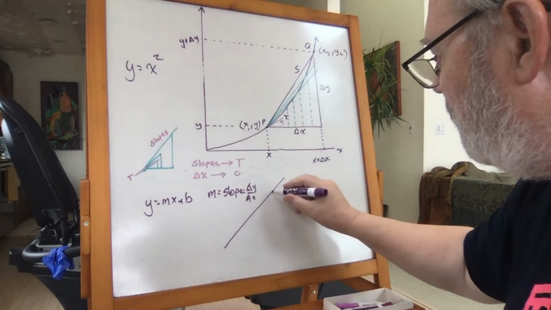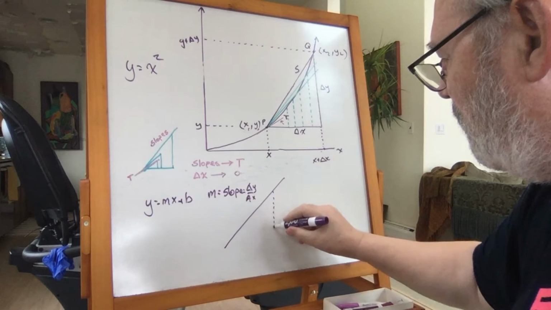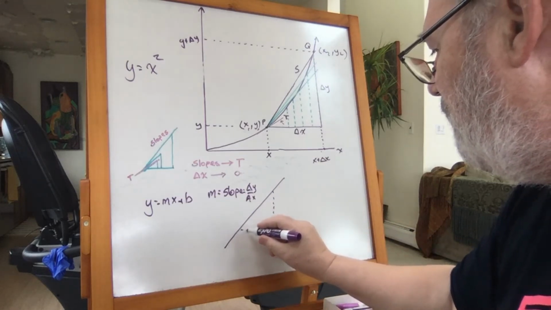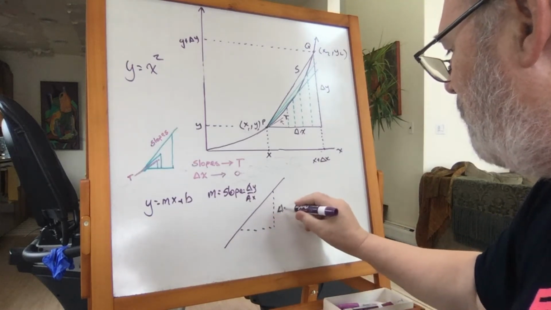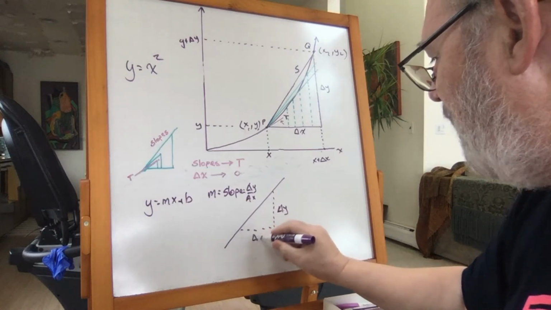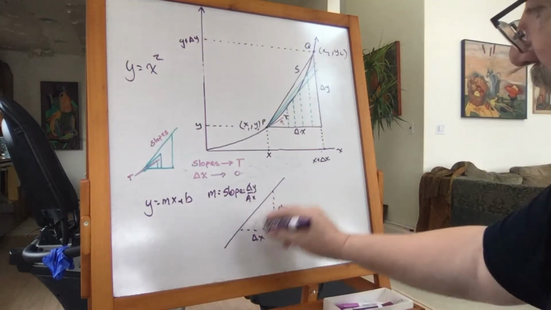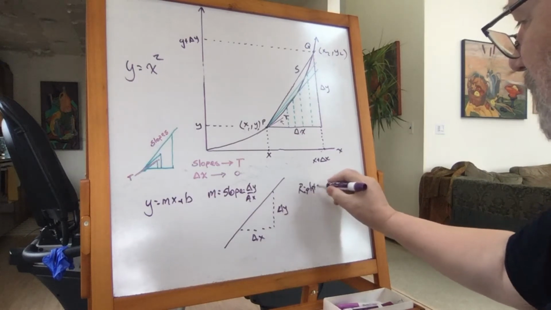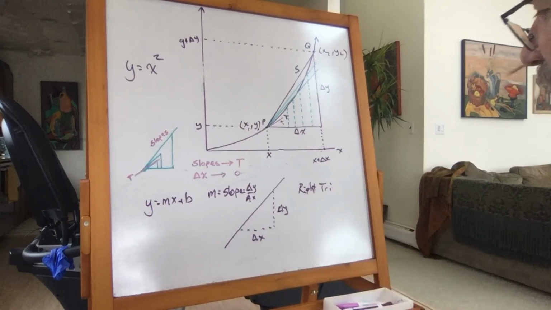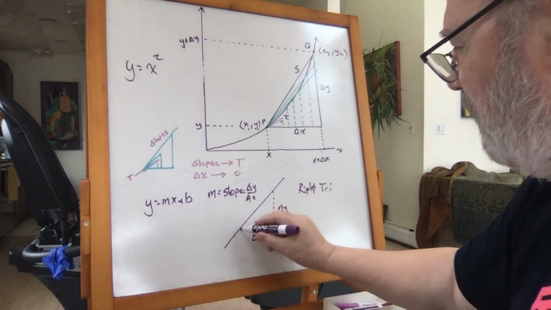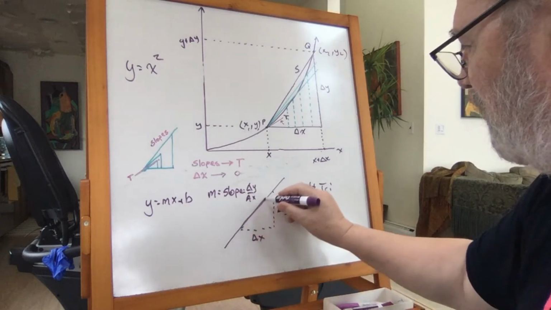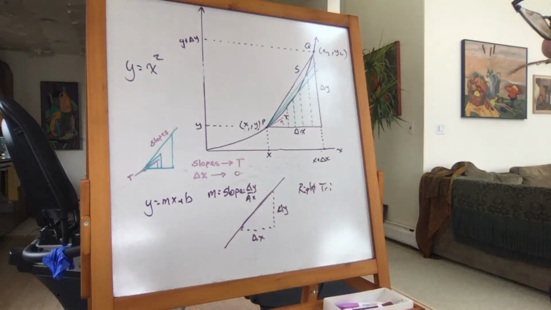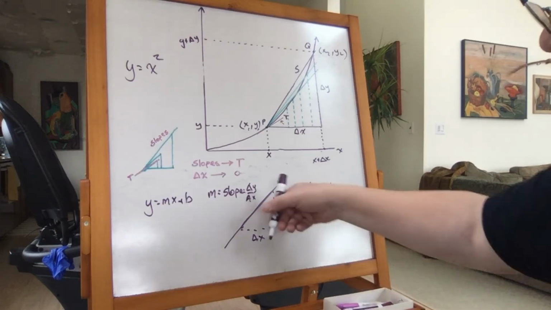So if we look at the change in y over the change in x, we have this right triangle. And we're interested in the direction of that line, that slope, how steep it is.